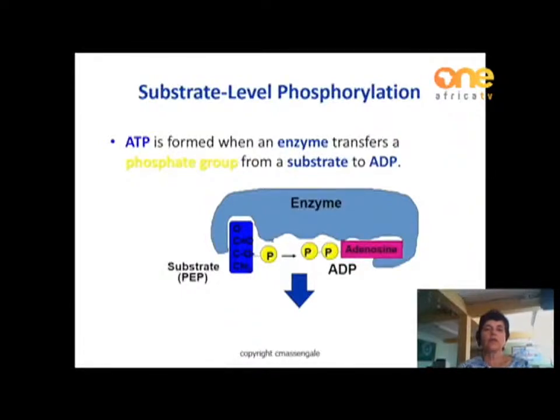ATP is the molecule that stores the energy. ATP is formed when an enzyme transfers a phosphate group from a substrate to ADP.